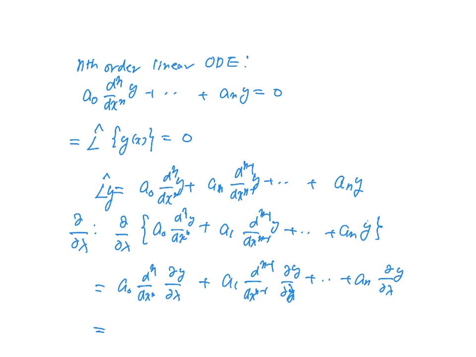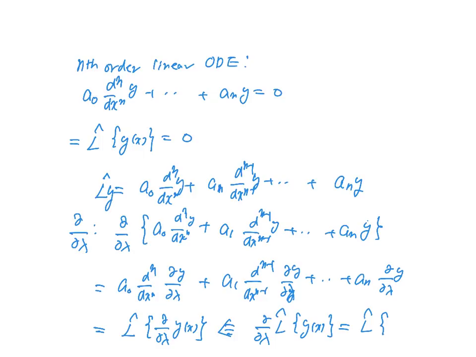So this is the same as L of partial y over partial lambda. So partial lambda of L y(x) is the same as L of partial lambda of y(x). It looks obvious, right? Lambda is an independent variable from x.